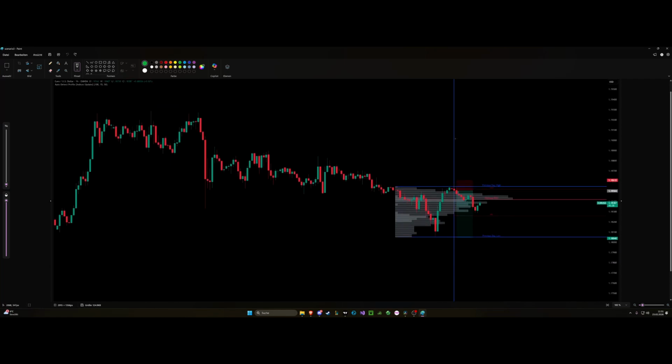Okay, so let's look at what happened here exactly. Again, this blue line represents the market open of that day. This is the previous day profile, and we opened just outside of it, but with a big rejection.